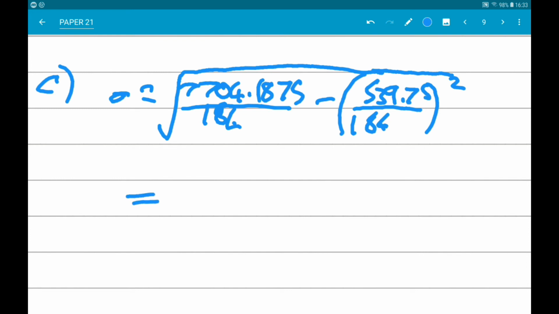Now calculate that, and we should get 5.768.